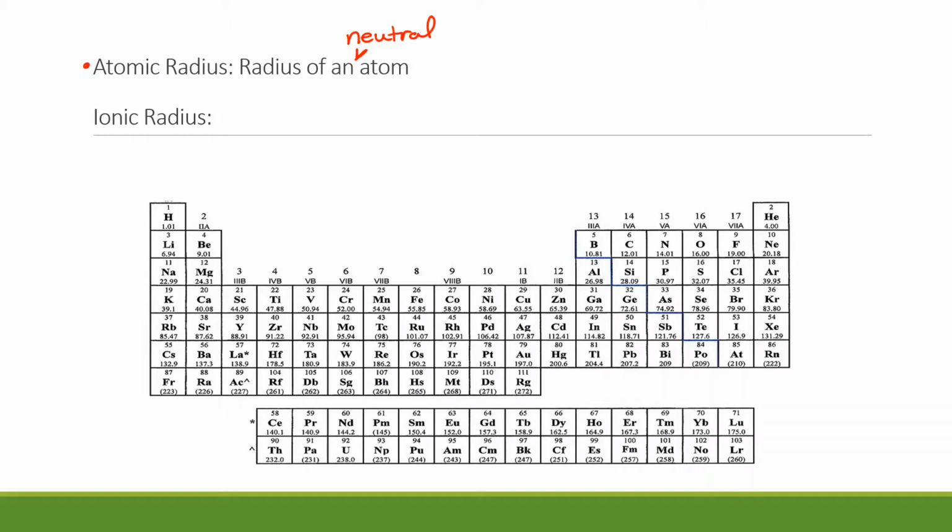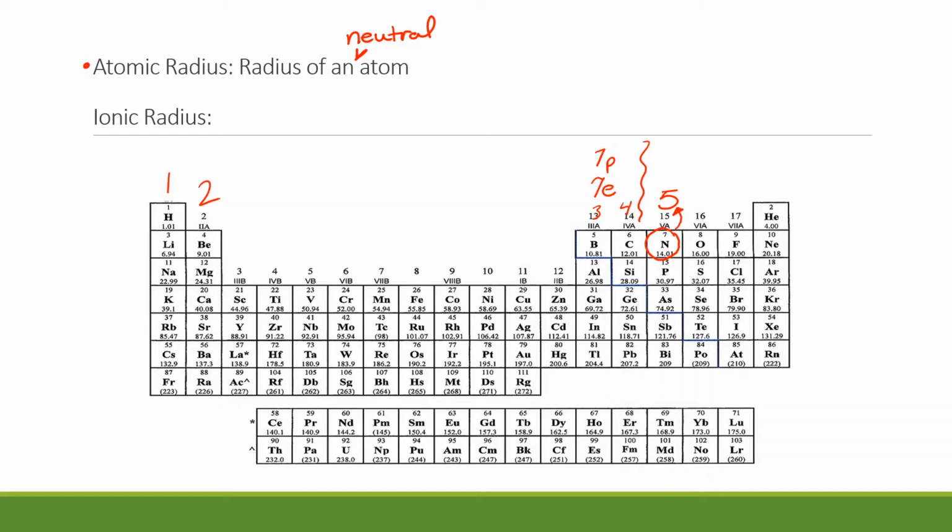For example, I could have a neutral nitrogen atom, which would have 7 protons and 7 electrons, but I could also have an ion of nitrogen. Well, what would an ion of nitrogen look like? Well, nitrogen, 1, 2, 3, 4, 5, has 5 valence electrons.